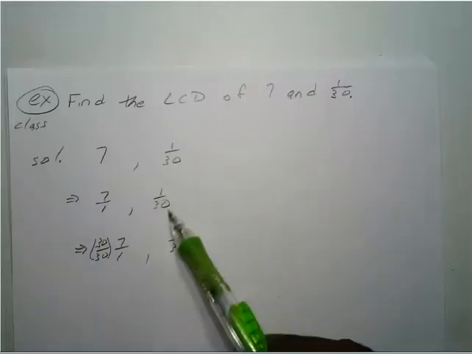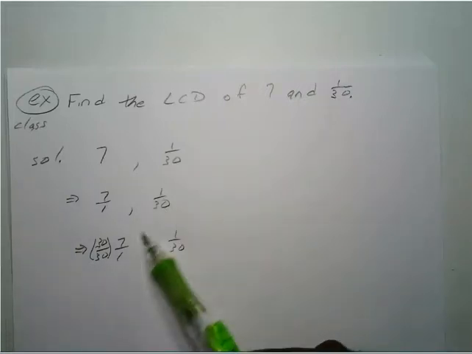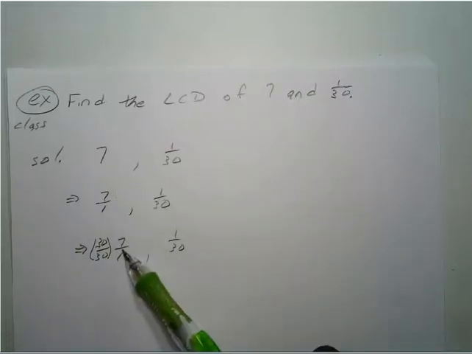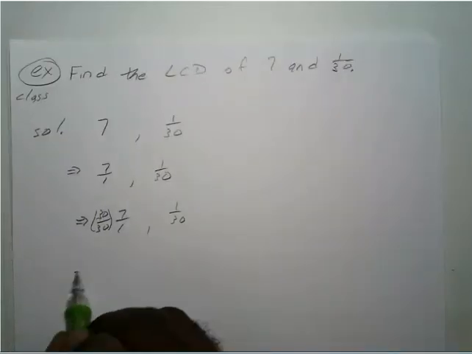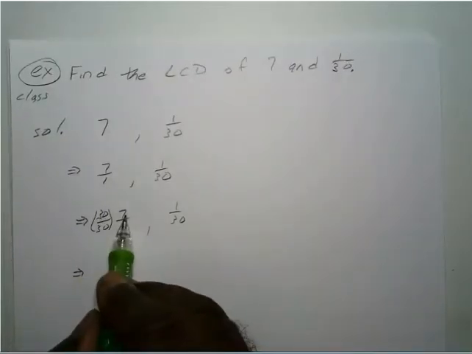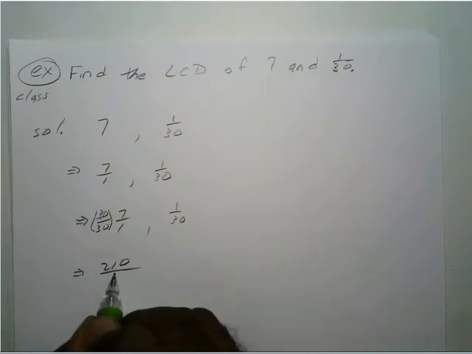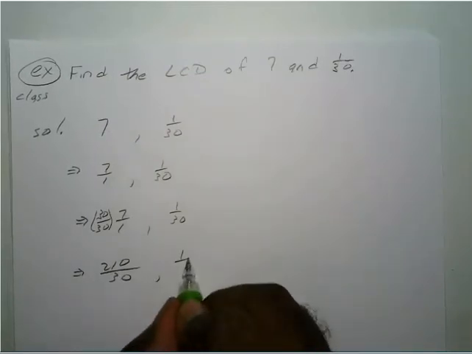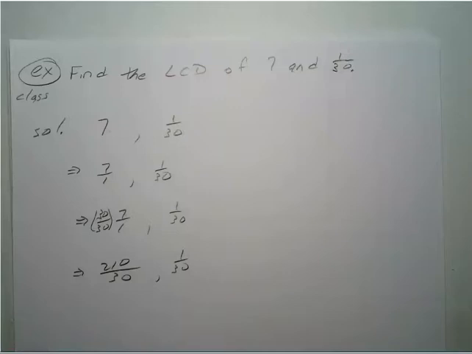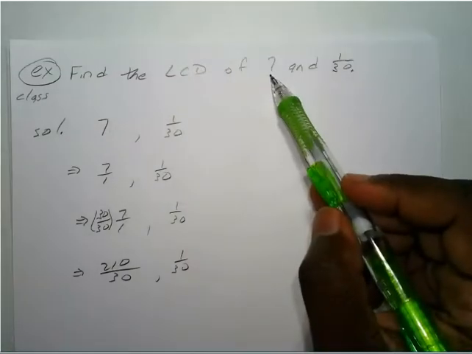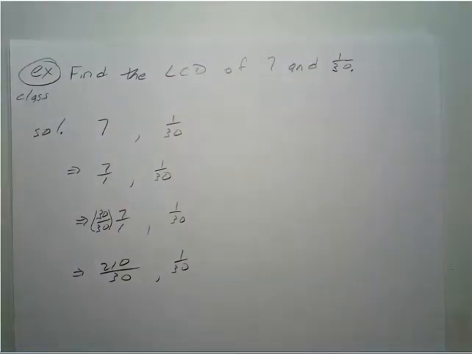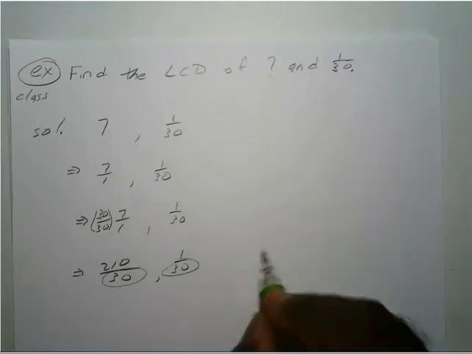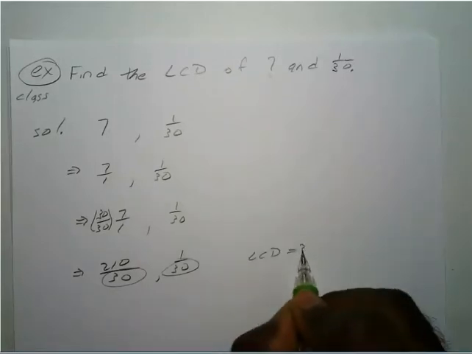Whatever that opposite denominator is, that's what you multiply your whole number by. So 7 times 30 is 210. So you have 210 over 30 and you have 1 over 30. So when you have a whole number, it's actually fewer steps. So we know here that our least common denominator is 30.